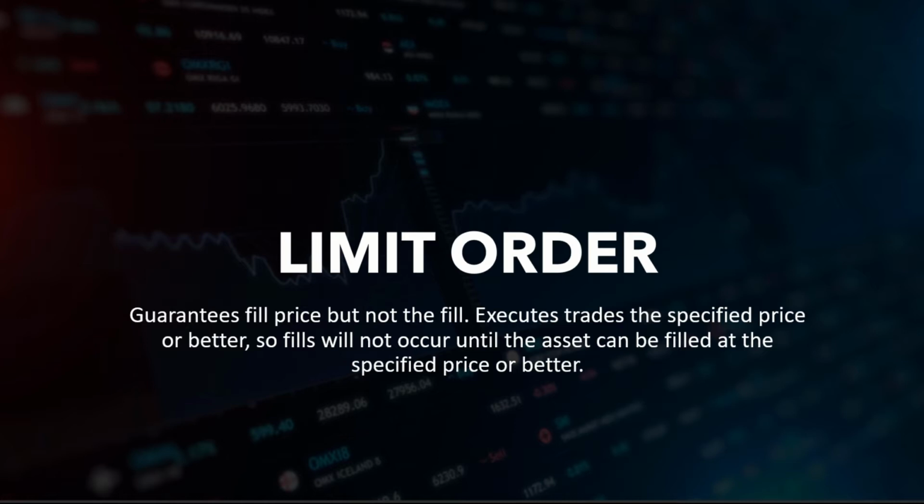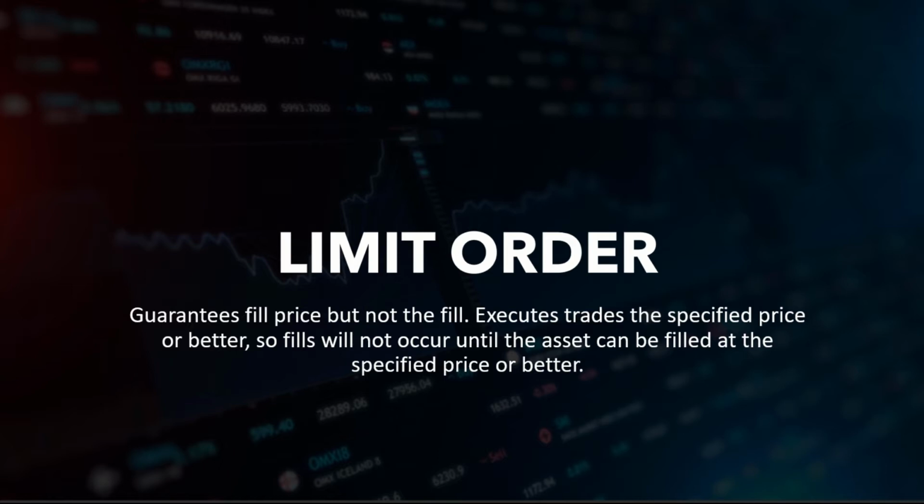So let us look at the Apple share example again. So if we are going to put in a limit order, say Apple shares, they're trading at $110. We put in a limit order when we want our trades to be executed at a certain price. Say we want to buy Apple shares, but only at $100.